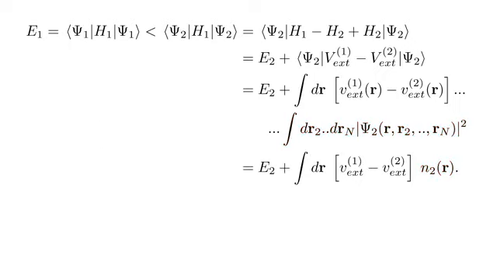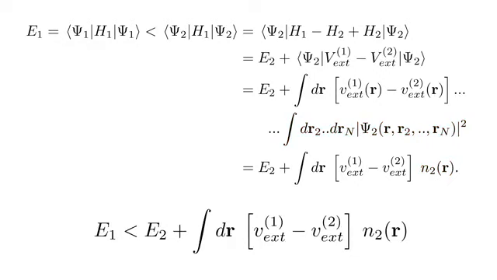So the final result is that the total energy of the first system, the system described by the external potential 1, is smaller than the sum of the total energy of the second system plus a simple functional of the density related to the external potential energy difference. So far, so good. We have found an inequality that says that one energy is smaller than the sum of two other energies.